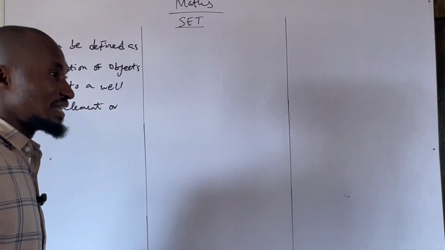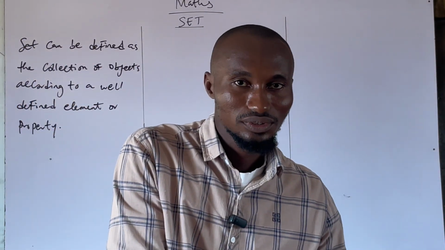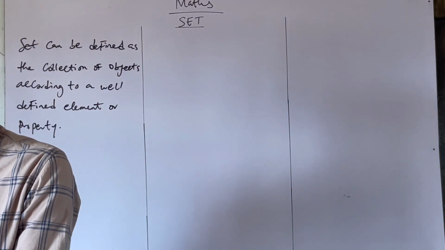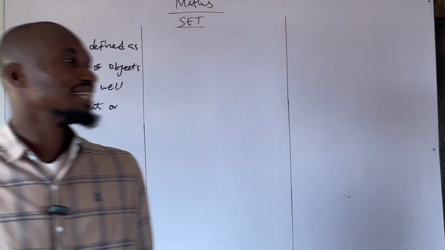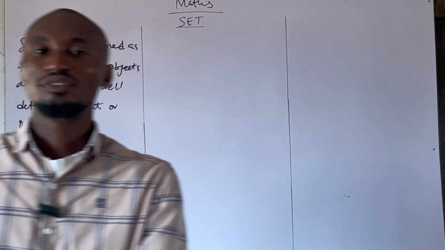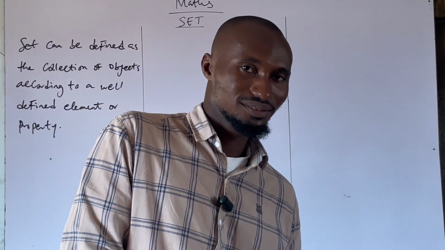Now, there are sets of spoons, sets of pots, sets of shoes, sets of this, sets of that.